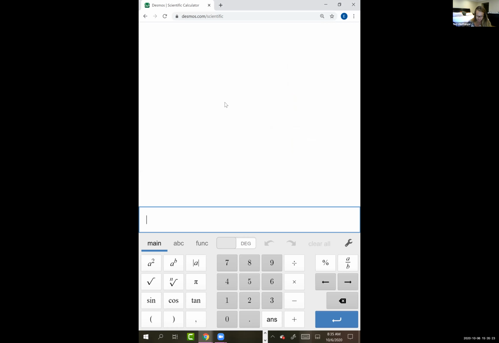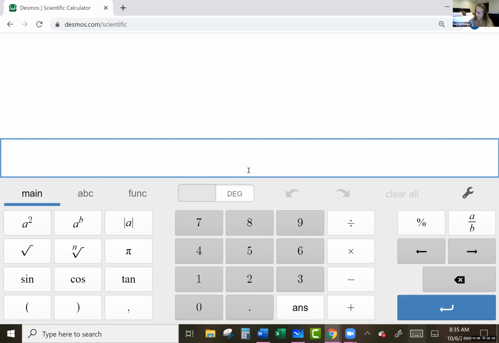Okay, so it might be in the wrong one. There's two different ones. I don't know if I hit the right one. So f of x is equal to, it's giving me an error.